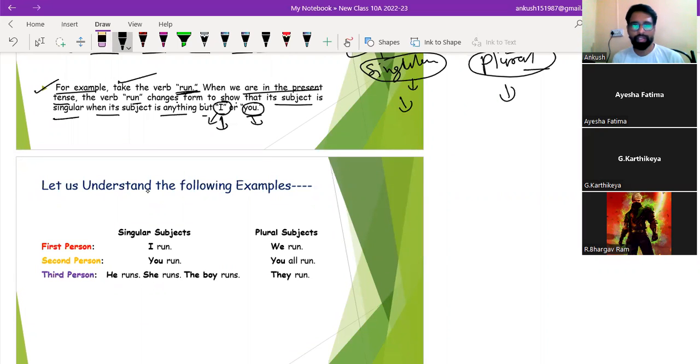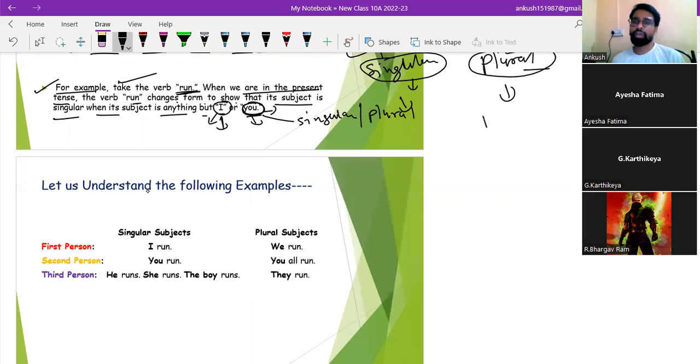Try to understand this. Another subject is you. You is also categorized differently because with you, we always use the plural verb. It means you is a universal subject, used for singular as well as plural.